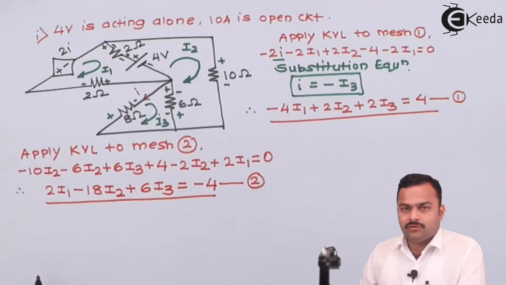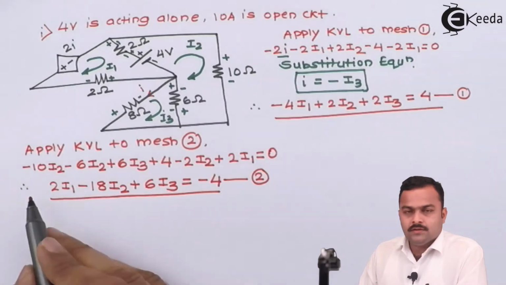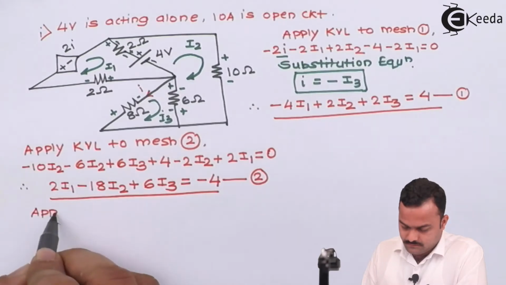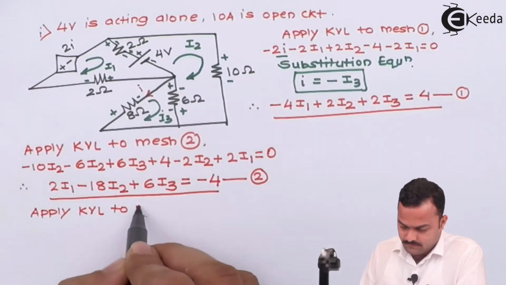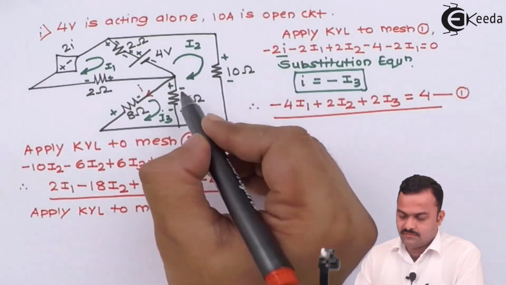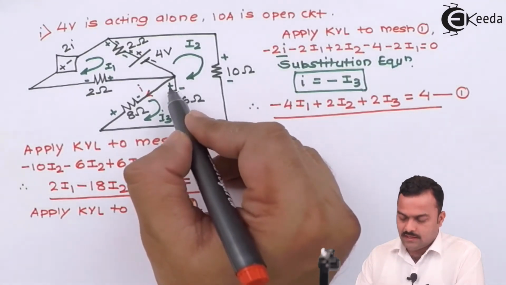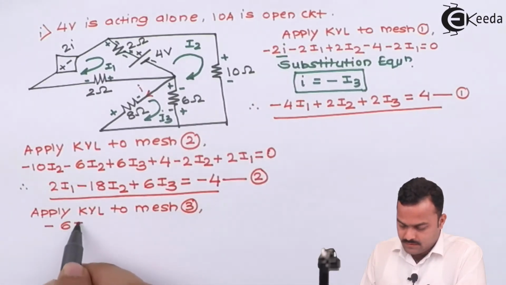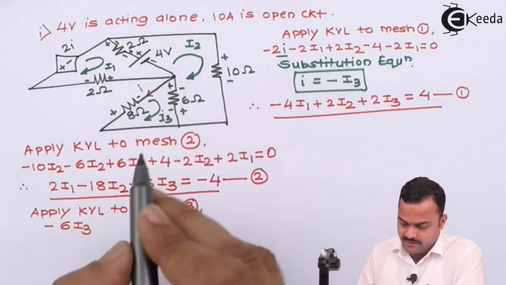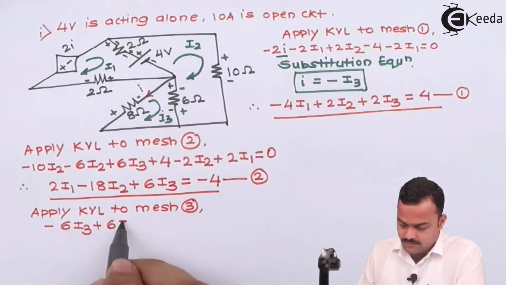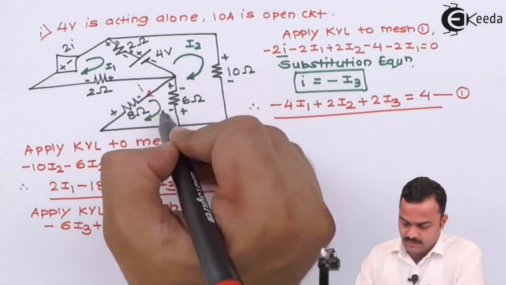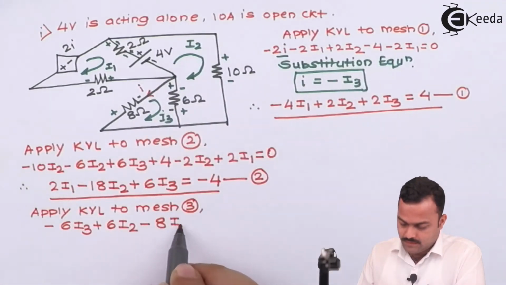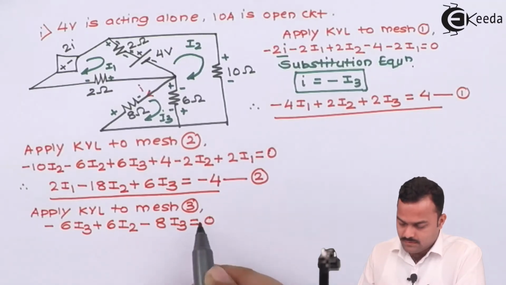Finally, let's apply KVL to mesh 3. Let's start from this 6 ohm resistor in the I3 direction: minus 6I3, plus 6I2, and minus 8I3 equal to 0.